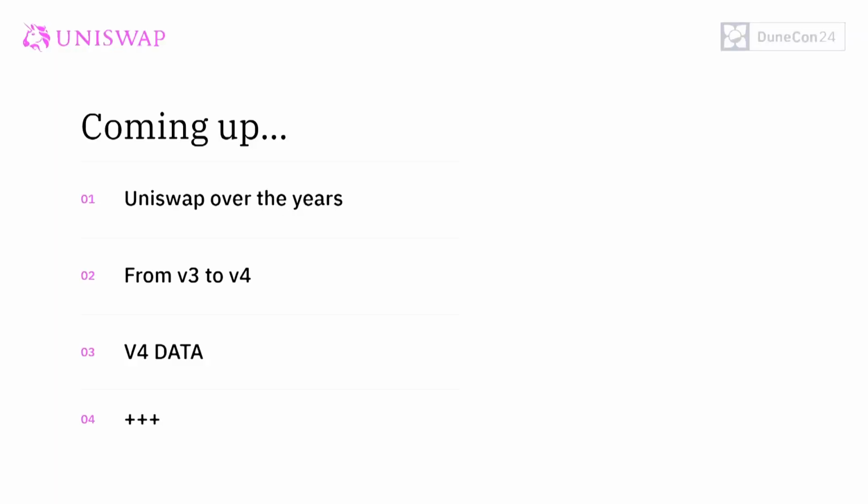So I'll give you an overview as to what has been developing from V1 to V3, and then what's the delta between V3 and V4. And then Grace will specifically talk about the way you can look at on-chain data and how you can parse out different information, so to speak, about V4 pools and hooks and so on.